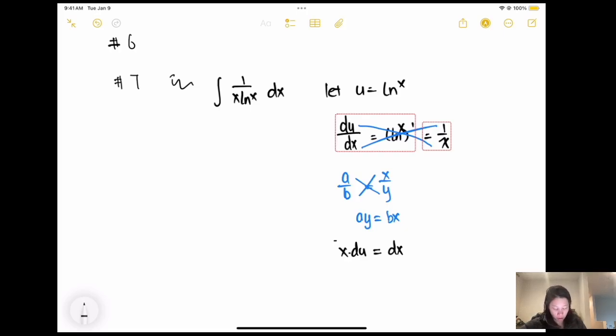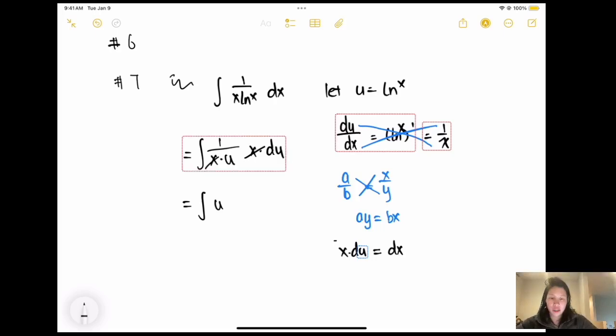Okay, so now we do the substitution part. So the integral of 1 over x times u, dx is equal to x times du. Now, the denominator x and this x cross cancel. Now we have the integral of 1 over u du.